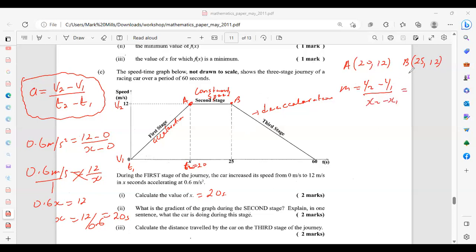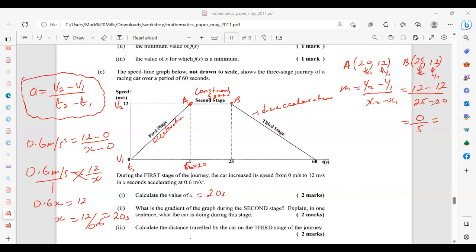So when you work this out, my y2 minus y1 is 12 minus 12, over 25 minus 20. So we get 0 over 5.